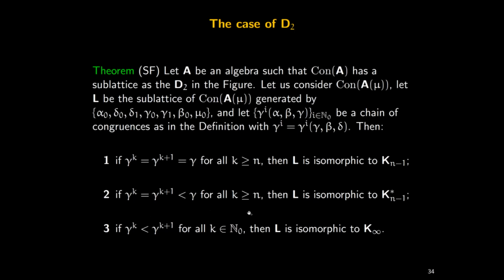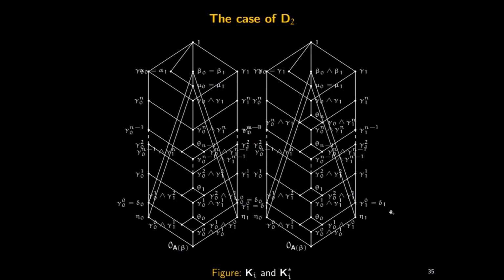If it's stabilizing, then you have the K star or the Kn-1, so a finite lattice. Otherwise, not. Those are the two lattices, quite complicated. With some effort, maybe you can still see the copy of the 2 over the 2 factor congruences eta 0 and eta 1.